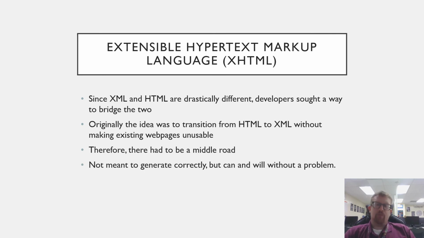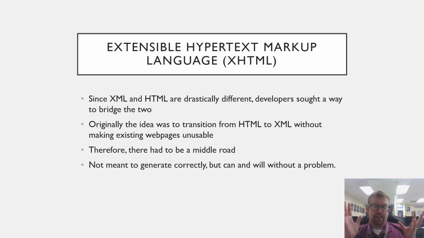All right, we had HTML, then we developed XML, and now we have XHTML, which is Extensible Hypertext Markup Language. They are drastically different, as we've noticed. HTML is used for content and structure. XML is used for data description of a web page.